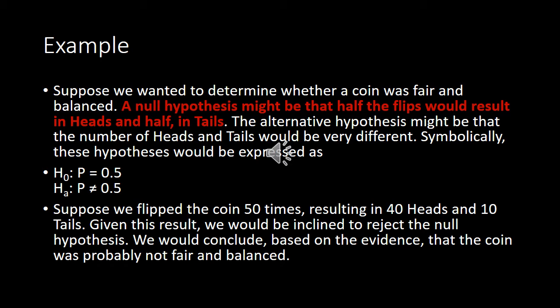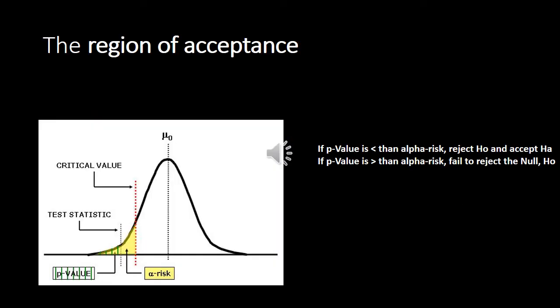Suppose we flipped the coin 50 times, resulting in 40 heads and 10 tails. Given this result, we would be inclined to reject the null hypothesis. We would conclude, based on the evidence, that the coin was probably not fair and balanced. Here is the region of acceptance.